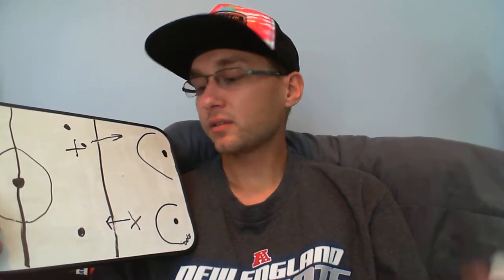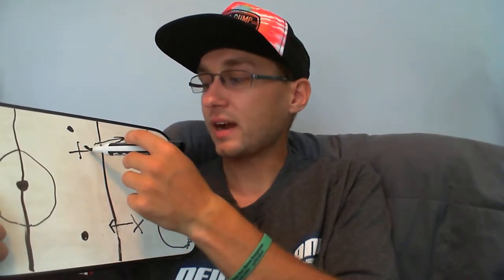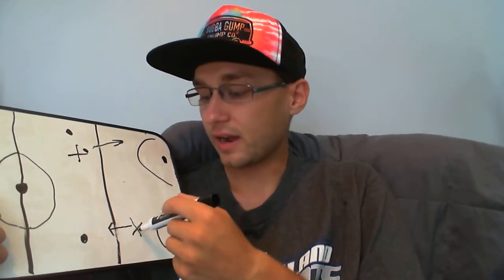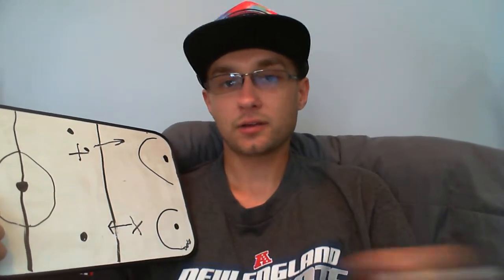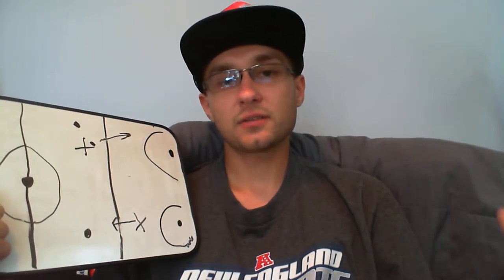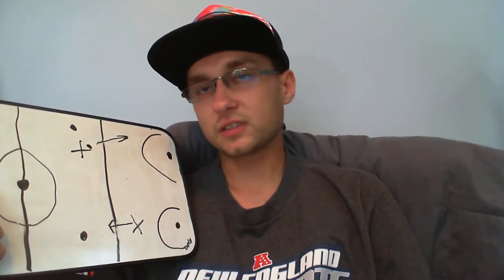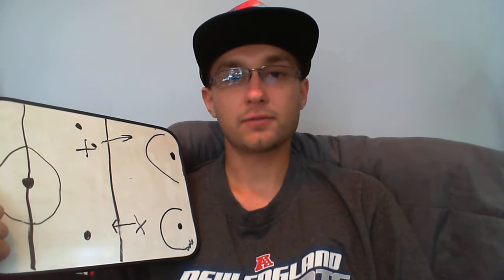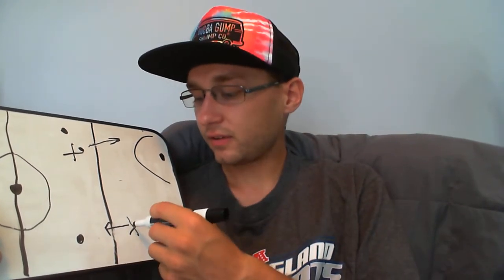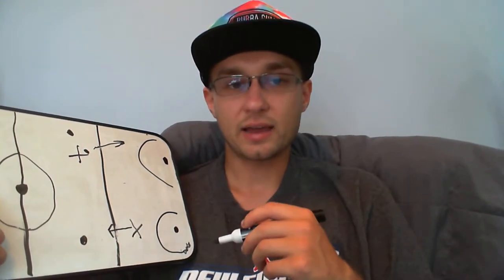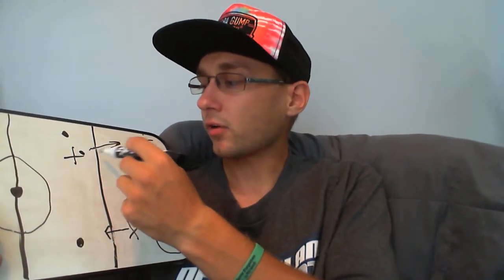Now, this is only when you dump the puck in. If this guy skates the puck in when this guy's already across the blue line, it's offsides. As soon as the offensive team touches the puck in the offensive zone on an offside play, the play is blown dead for offside. So even if he is in the process of tagging up, or if this guy crosses the zone before he gets out of the zone, it's still offsides.